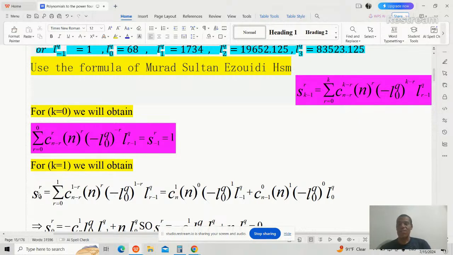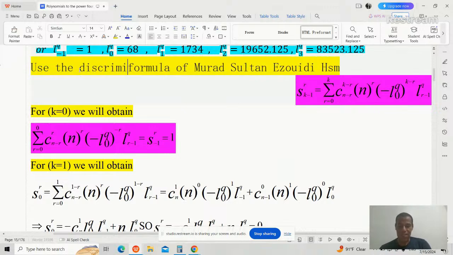To find the expression or formula of S0 of order r, just set k equals 0 in the discriminant formula of Mourad Sultan Ezouidi, and you will just see what will happen. Now, when k equals 1, learners, you will get S_{k minus 1} of order r. K is 1, 1 minus 1, you will get 0.